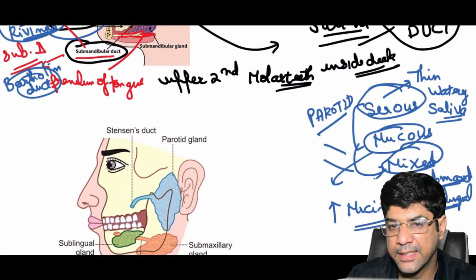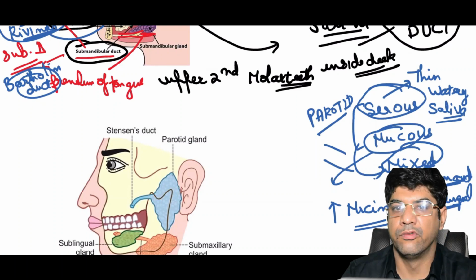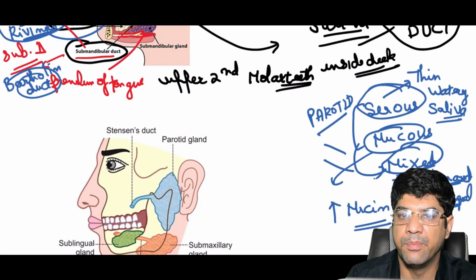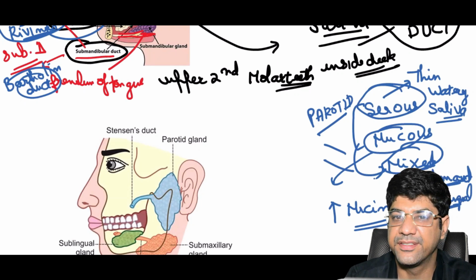Now, which gland is the largest? It's the parotid gland. Wharton duct is associated with which gland? It's the submandibular gland. Which type of gland secretes thick viscous saliva? It's the mucous gland.